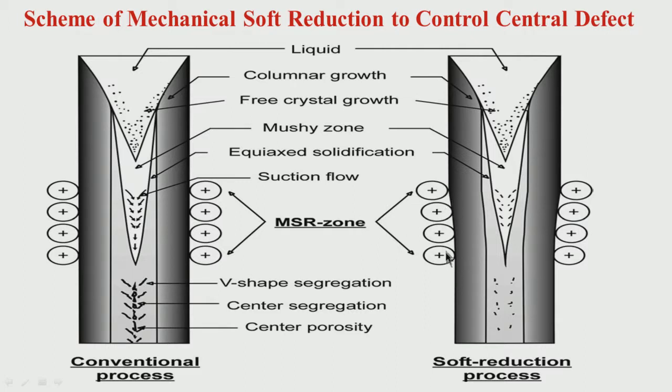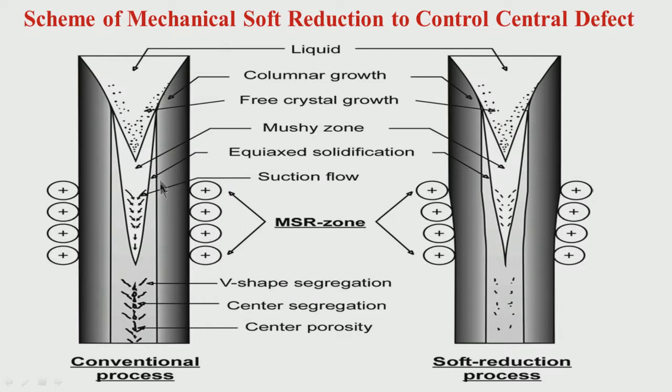The zone of mechanical soft reduction, again I am telling you, is very important. I will discuss this in greater detail after some time, but what is important is this MSR zone, mechanical soft reduction zone, when you are giving this soft reduction at the final stage of solidification, that is very important.